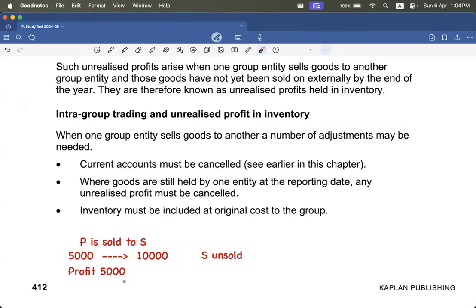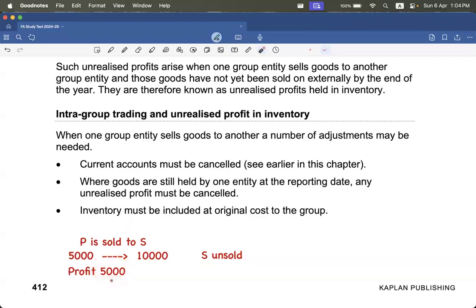If S still has that inventory unsold to an external customer, then that 5,000 becomes the URP, unrealized profit.